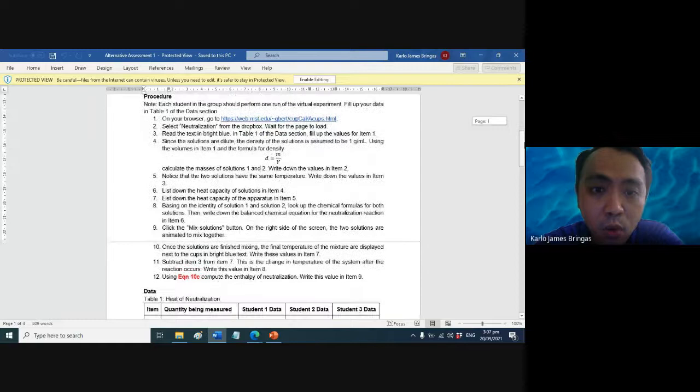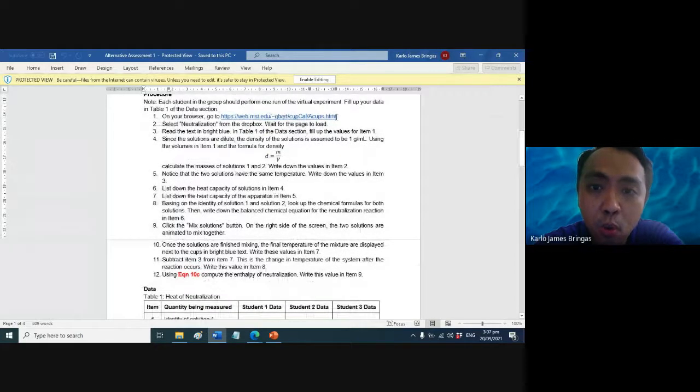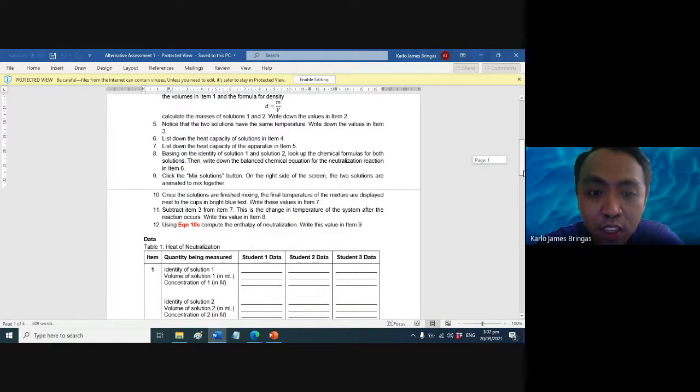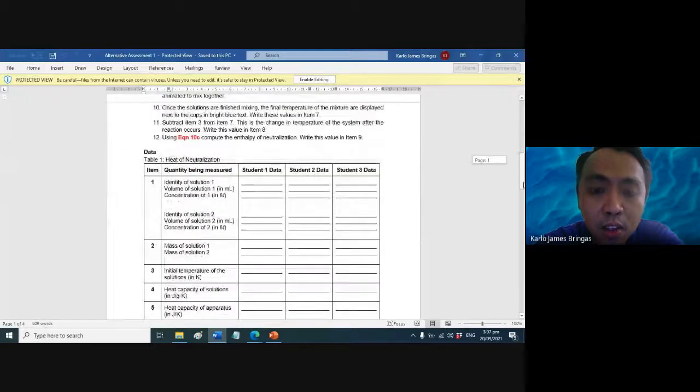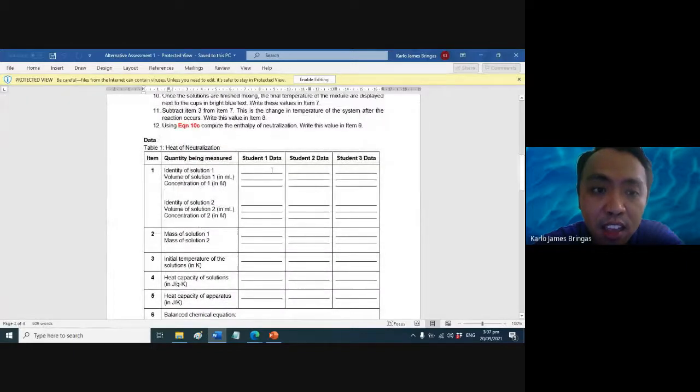So for the procedure, you're supposed to go to this link over here for the actual activity. And then you all have to follow the procedures that are listed in here so that you can do the actual na virtual activity. As you're doing the activity, please enter your data in the data table that we have. Notice na meron lang akong 3 na columns in this one.